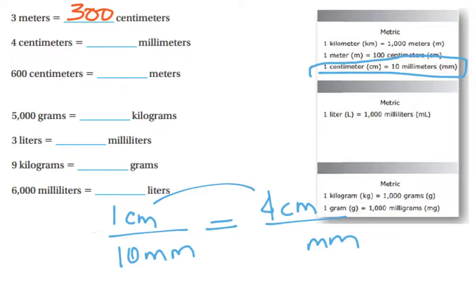To get from 1 to 4, I multiplied by 4, so I'm going to take 10 and multiply that by 4, which would give me 40 millimeters.